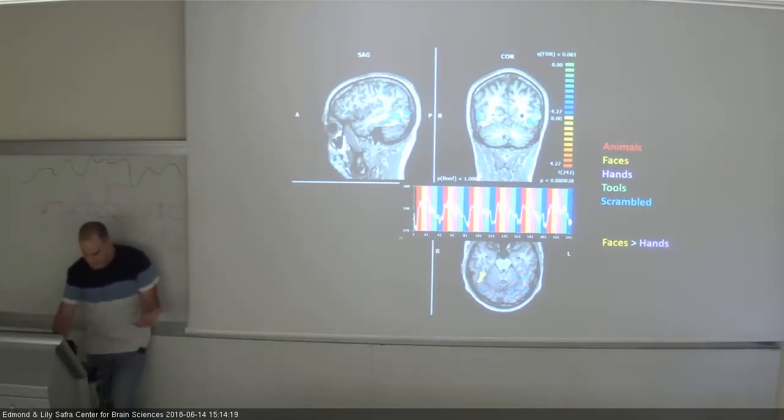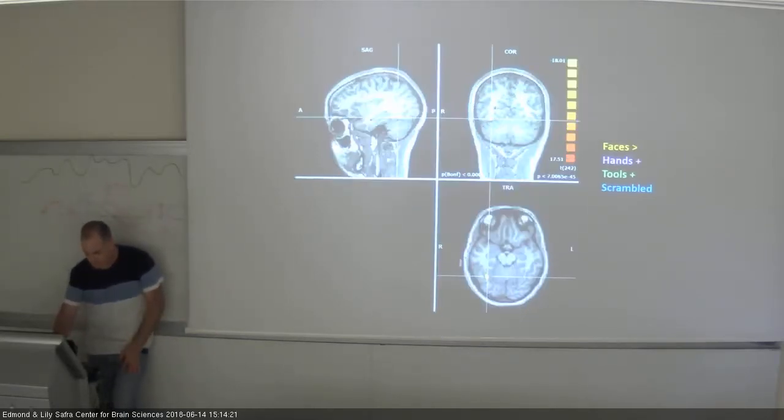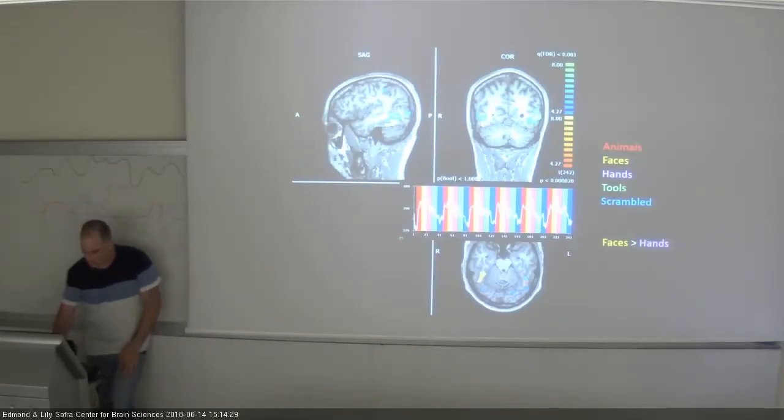So it can become a bit arbitrary. The result might differ because now we see only one unilateral activation, and here we see bilateral activation. This can be determined both by the threshold that we set and by the exact contrast that we set.